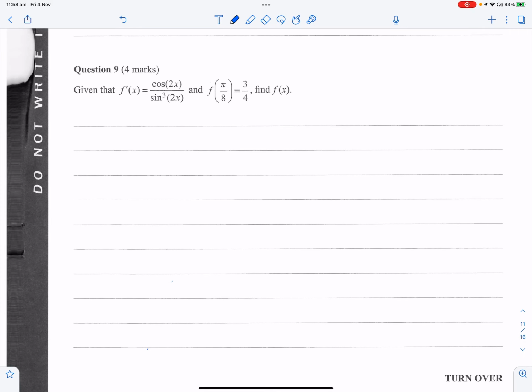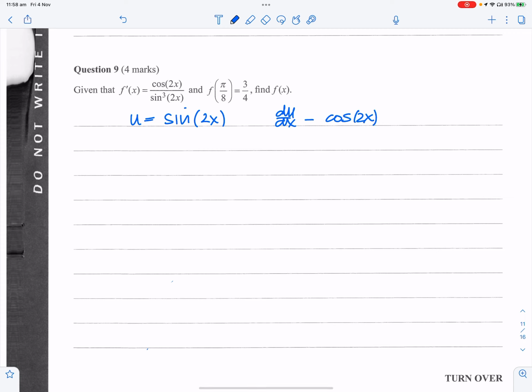Okay, given that f'(x) is equal to that, find f(x). Okay, so we've got to use a substitution when we derive sin 2x. So if we let u equal sin 2x, du/dx is 2 cos 2x, which is the numerator.